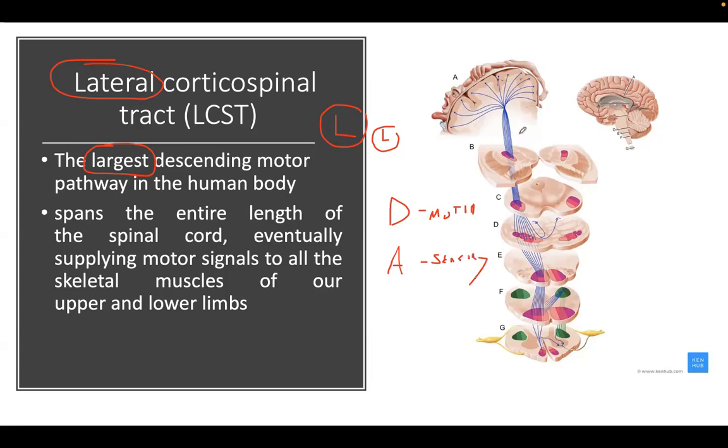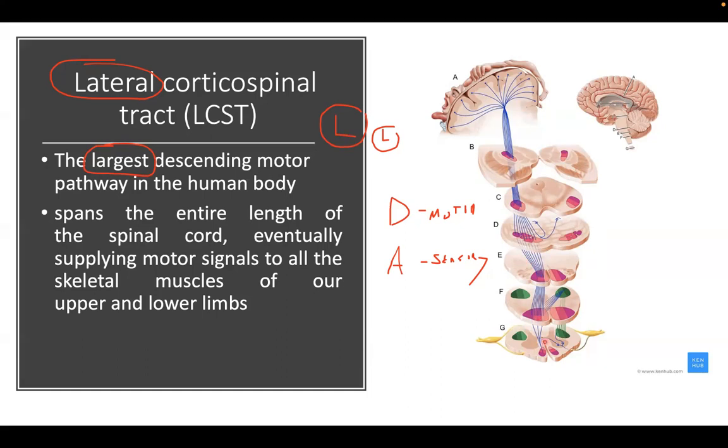So basically the lateral corticospinal tract, look at this, shaded in blue, will span the entire length of the spinal cord. And it's there to supply motor signals to the skeletal muscles, in particular of the trunk and the lower limbs.